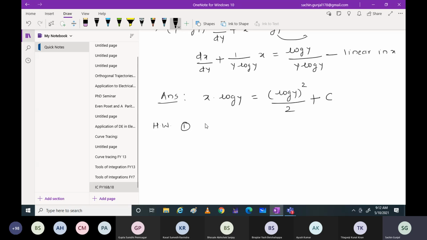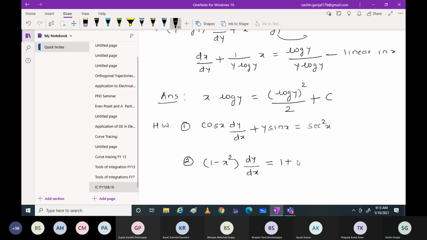First, cos x dy by dx plus y sin x is equal to sec square x, and second, 1 minus x square dy by dx is equal to 1 plus xy.